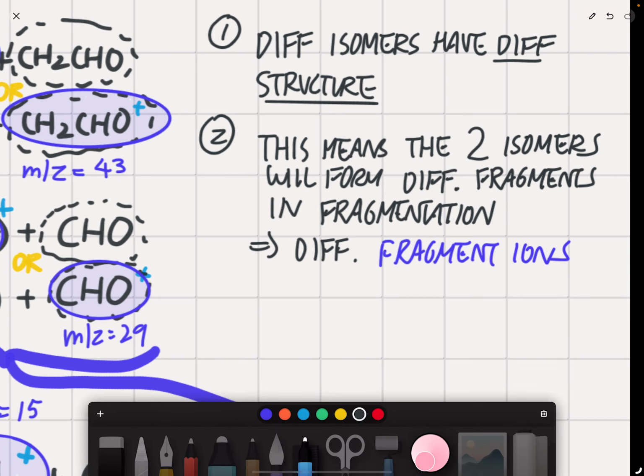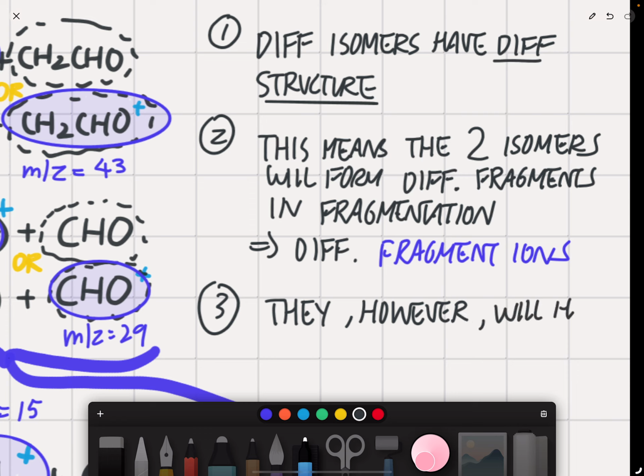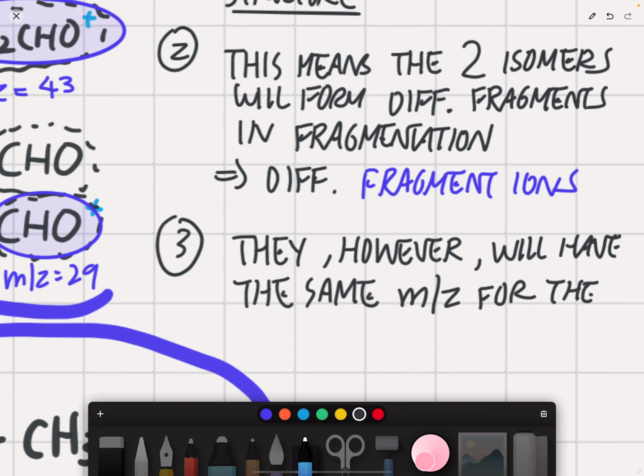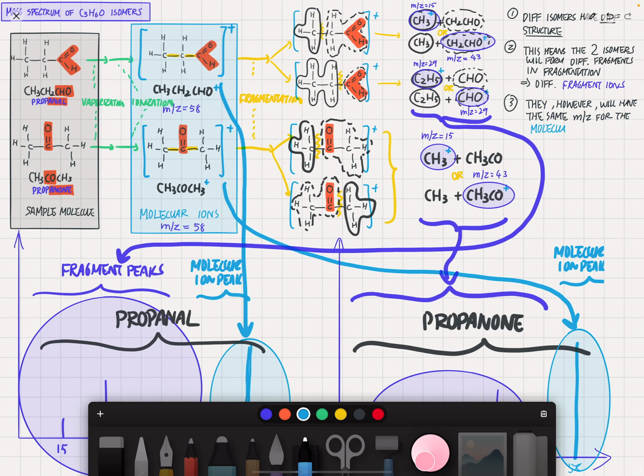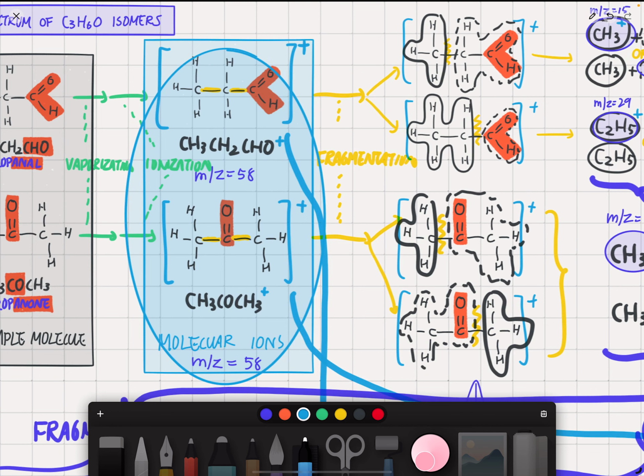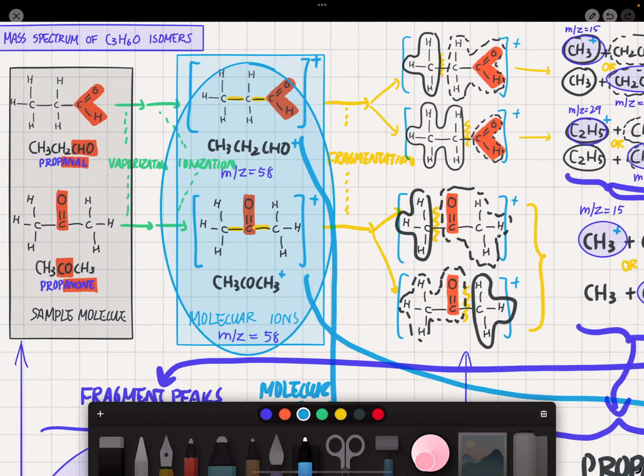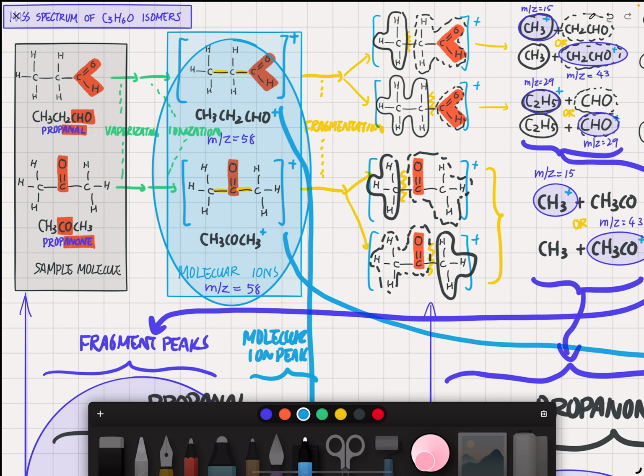However, it must be noted that they will have the same mass to charge ratio for the molecular ion peak. Because they are isomers, the molecules in the unfragmented state will have the same total number of atoms.